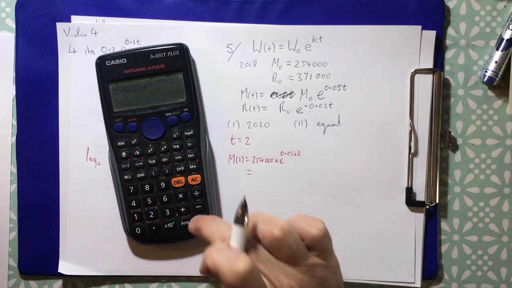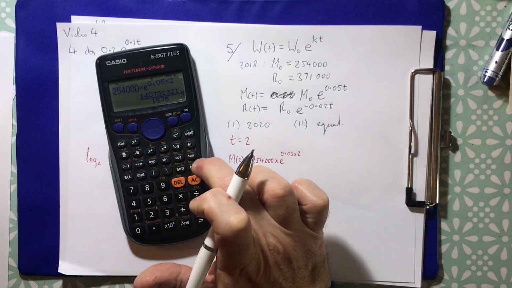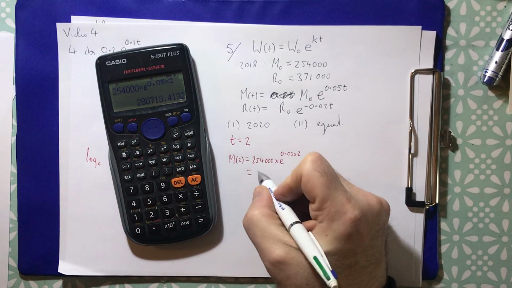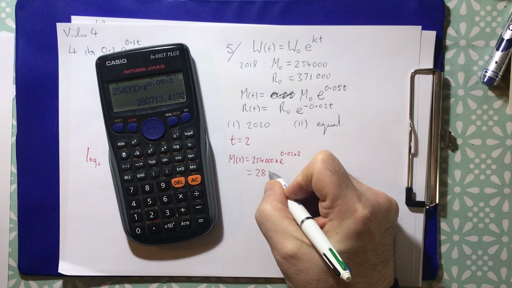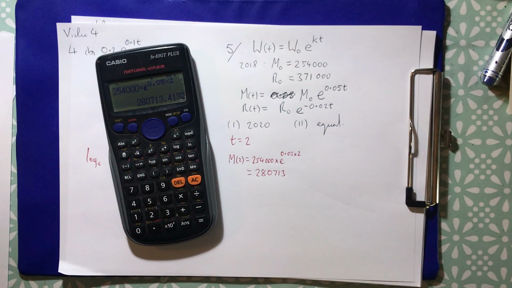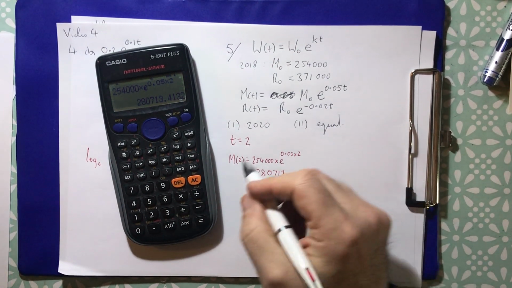If I press equals, that's horrible. Let's change that to, right, that's more like it. 280713. And I'd stop there because it's people, and you don't want bits of people. It tends to upset people.